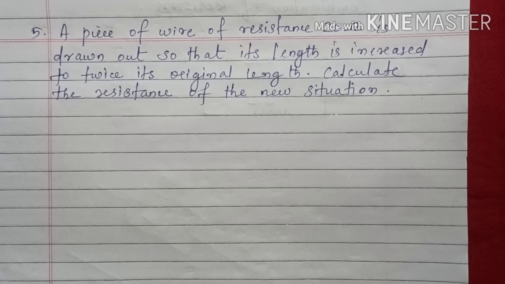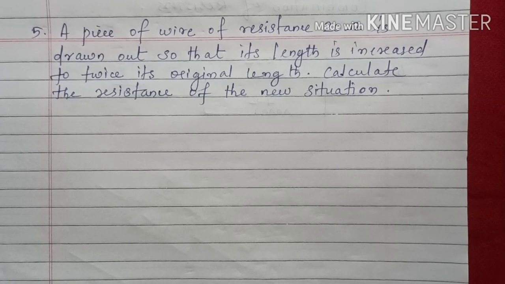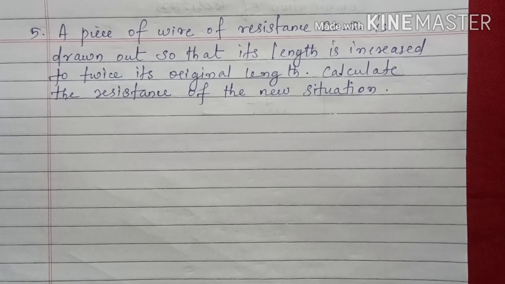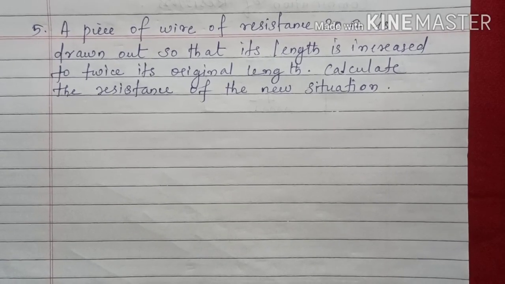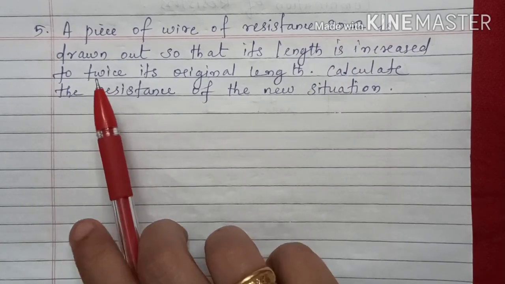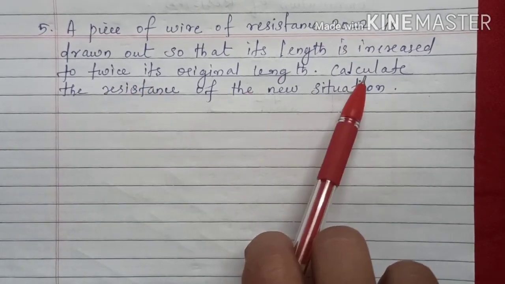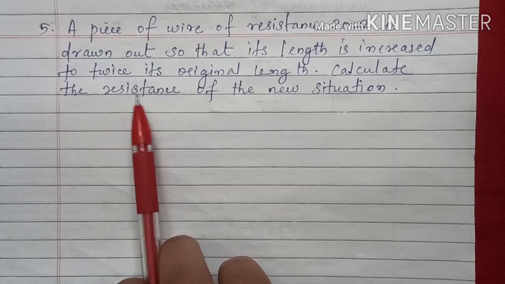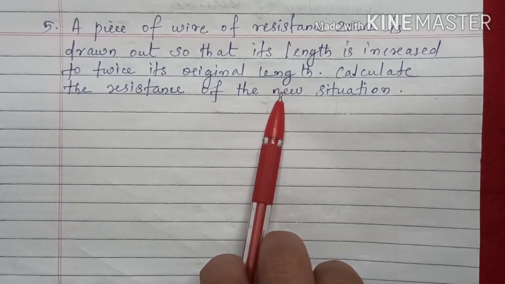So next question is very important. The last board exams also this type of question was asked in 5 mark section. So listen carefully. First I will read the question. A piece of wire of resistance 20 ohm is drawn out so that its length is increased to twice its original length.